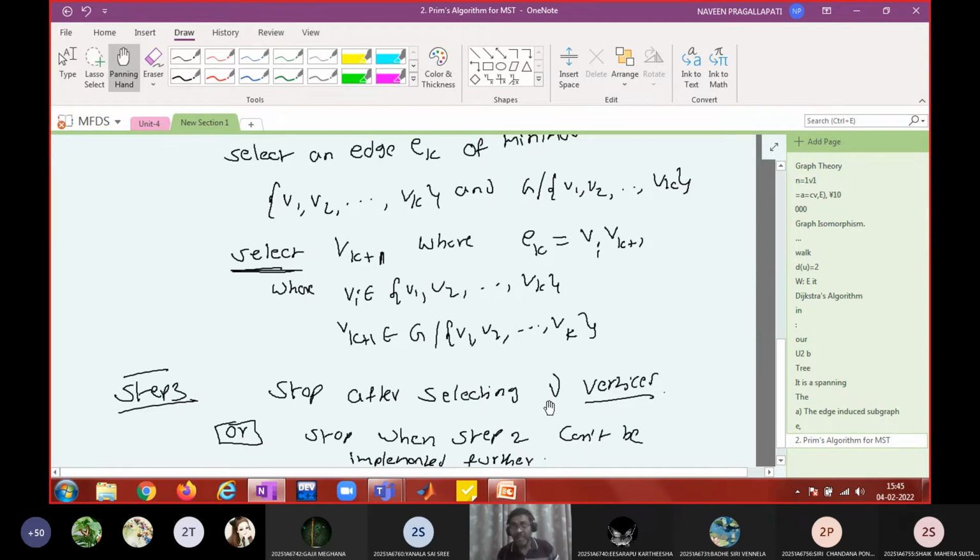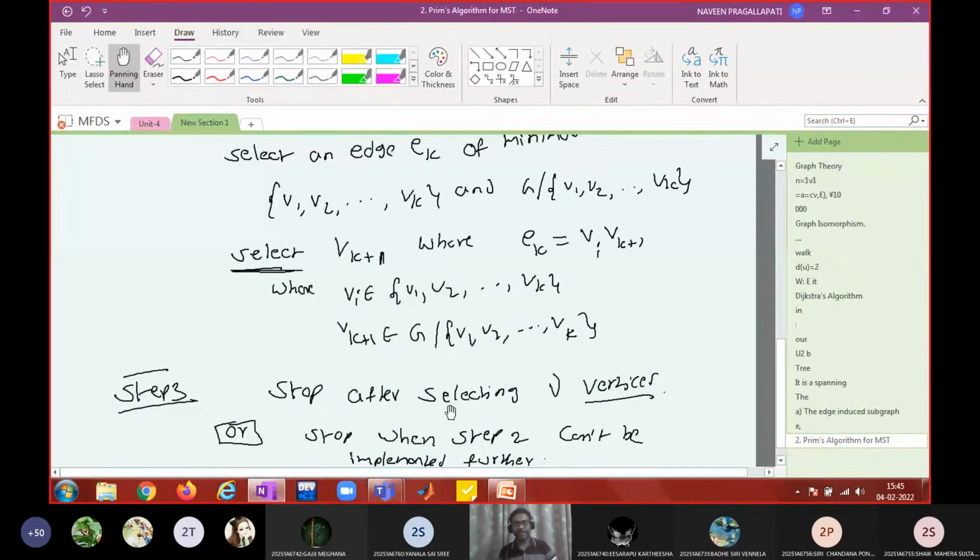That means the given graph must be a disconnected graph, because for a connected graph definitely you should get a minimum spanning tree. So connected graph will lead to this, disconnected graph will lead to this.